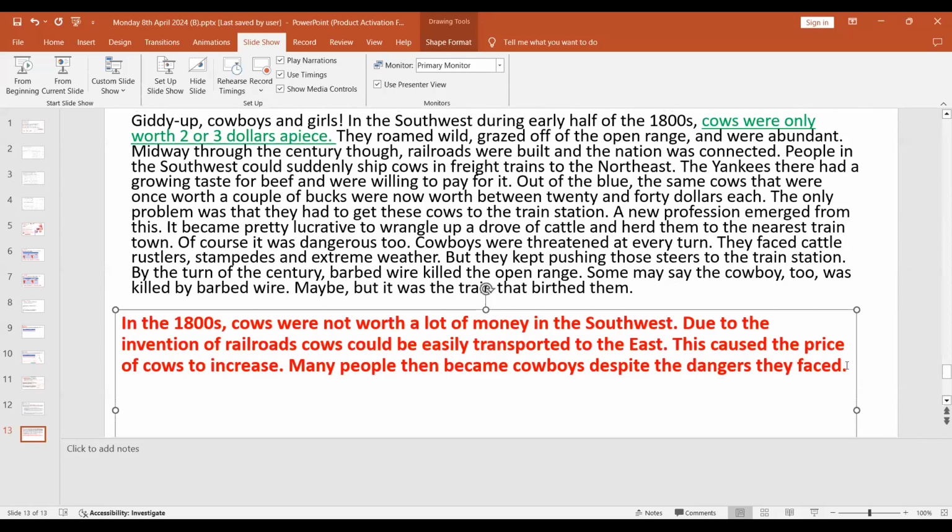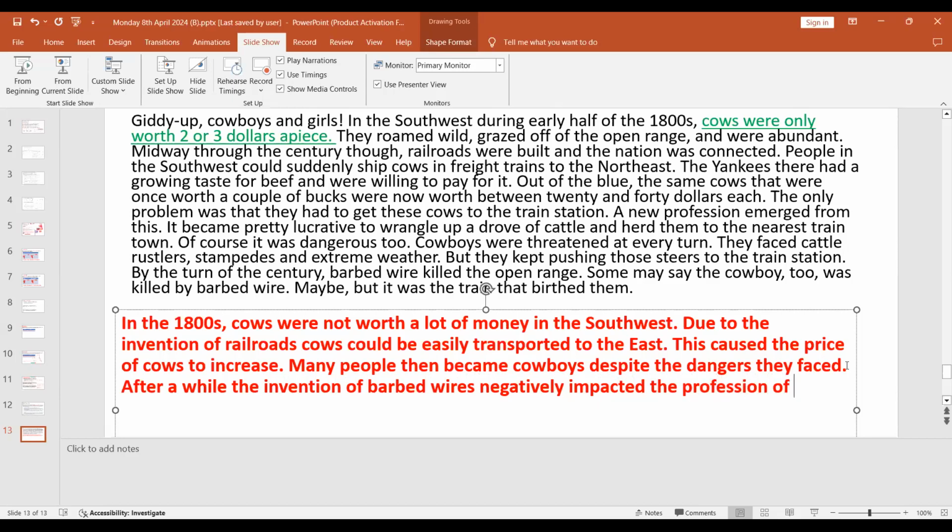So we can say, after a while, the invention of barbed wires negatively impacted the profession of the cowboys.